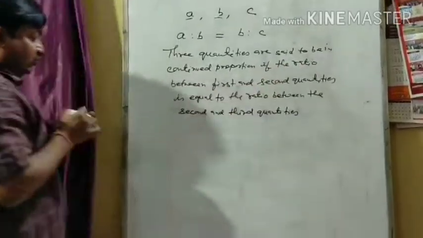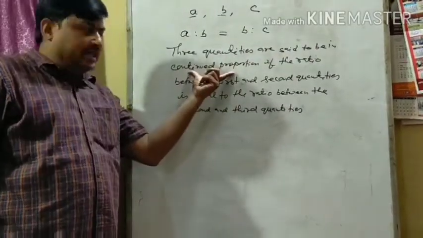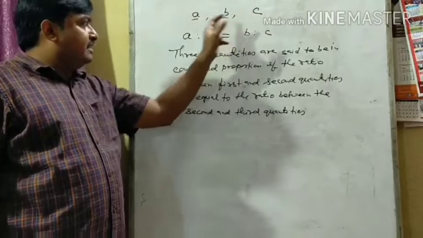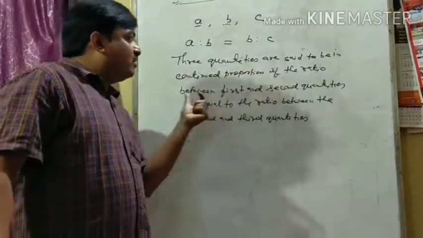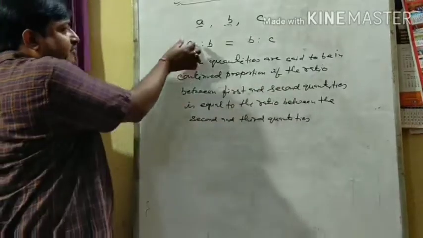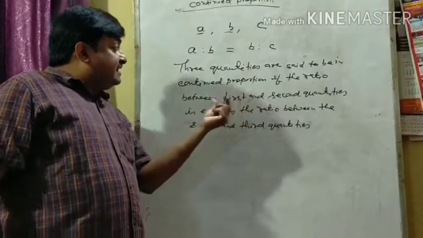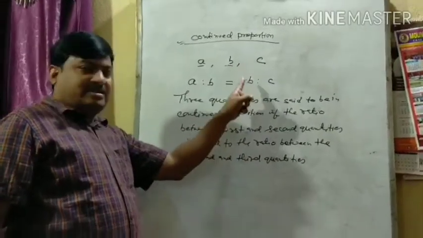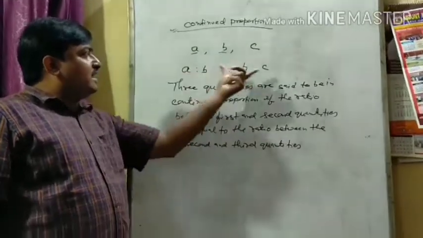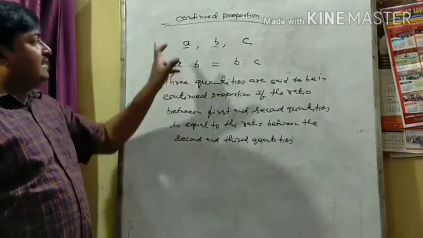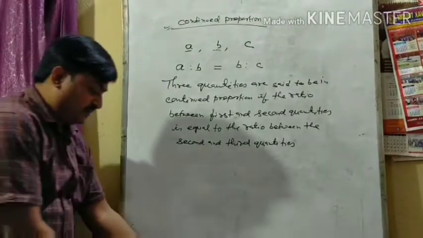Three quantities like this, like A, B and C, are said to be in continued proportion if the ratio between first and second quantity, and the ratio between second and third quantity, that is B is to C. If these two ratios are equal, therefore we can say that these three quantities are in continued proportion.